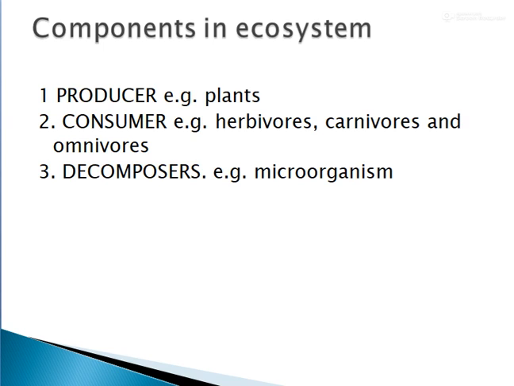Those organisms that consume the producers, we call consumers. They include herbivores, carnivores, and omnivores. The third one is decomposers. Those organisms that decompose. They include microorganisms. Okay, these are the components of the ecosystem.